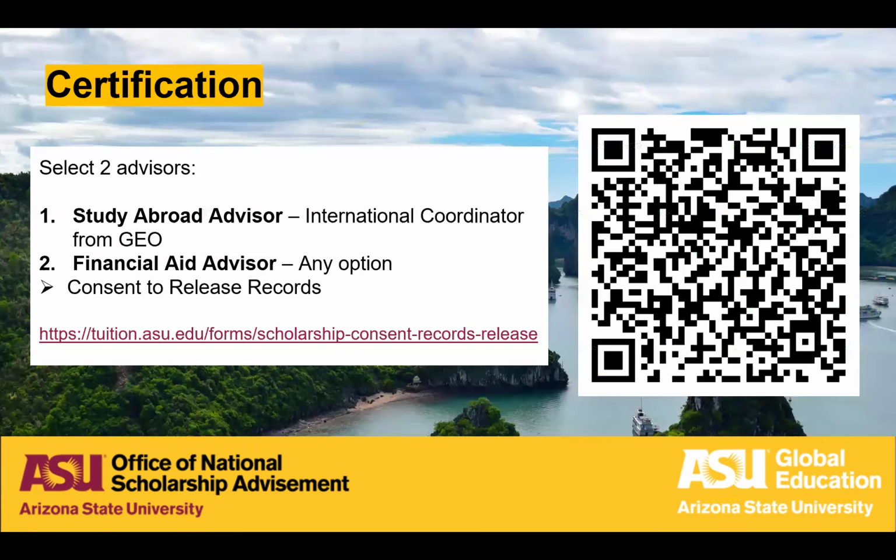In addition, your application has to be certified by 2 advisors at ASU, and they have 1 week from your deadline. So it's the second week in March that is the certification deadline, where they have to certify that the information you've provided regarding your study abroad plans and regarding your financial aid is accurate.